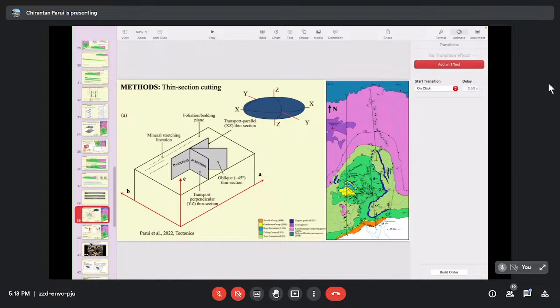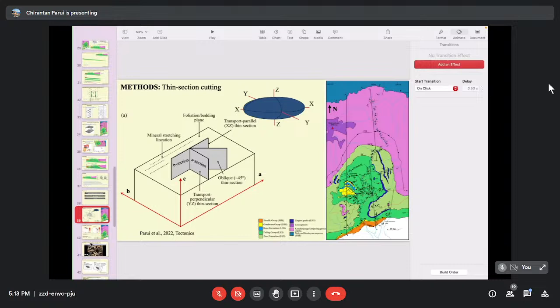So since the collision, there are different models by which the collision might have happened. There was a lot of shortening and thickening within the Tethyan Himalayan sequence early. That I have not accounted for because I don't have access to those THS rocks in the Sikkim Himalaya, because the Tethyan Himalaya starts near Gurudongma and goes all the way to Tibet.